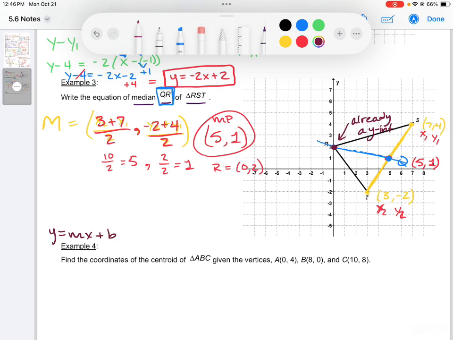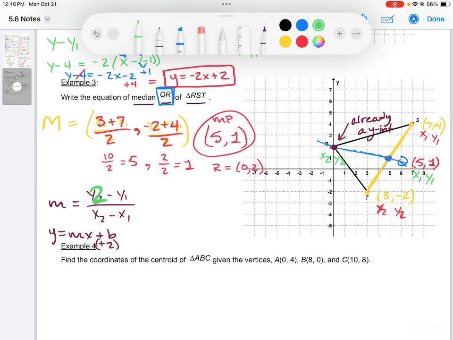So I know that when I put it in y equals mx plus b, it should be plus 2 because that's my y-intercept. So let's find their slope. The slope is going to be y2 minus y1 divided by x2 minus x1. And again, I'll do x1, y1, x2, y2.